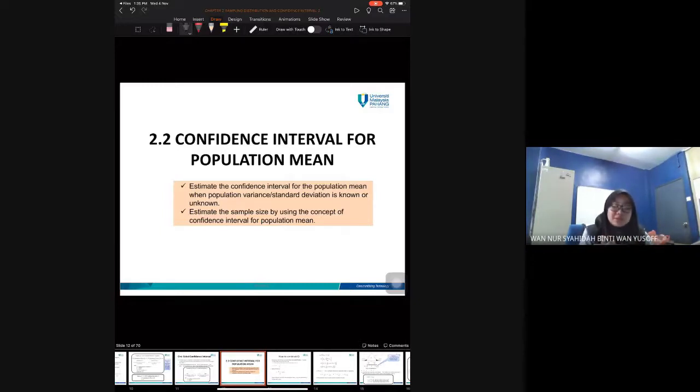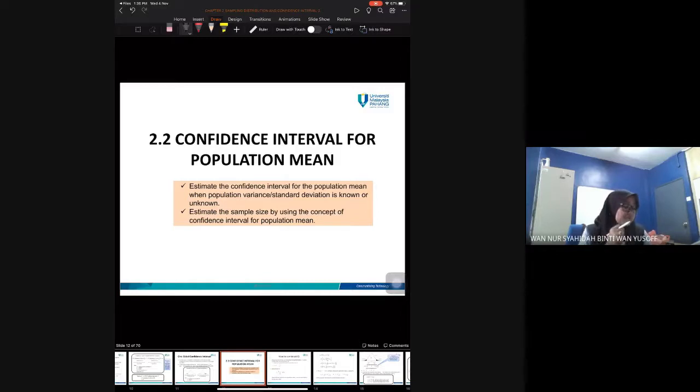We have three common values that we use here: the population mean, the population variance and or standard deviation, and the proportion. Those are three common values that we calculate when we have data.